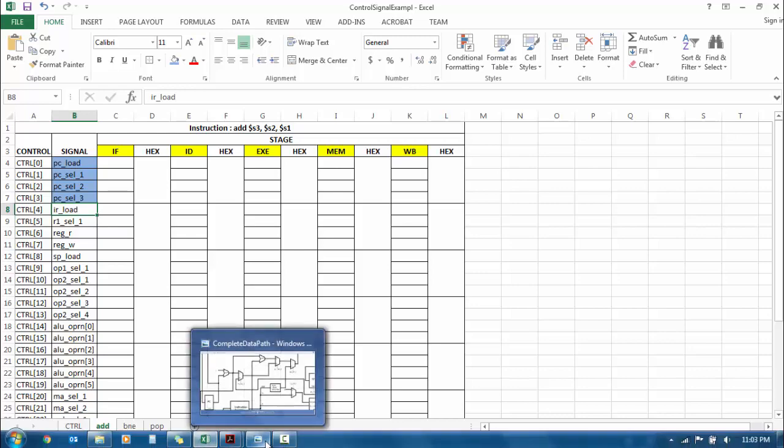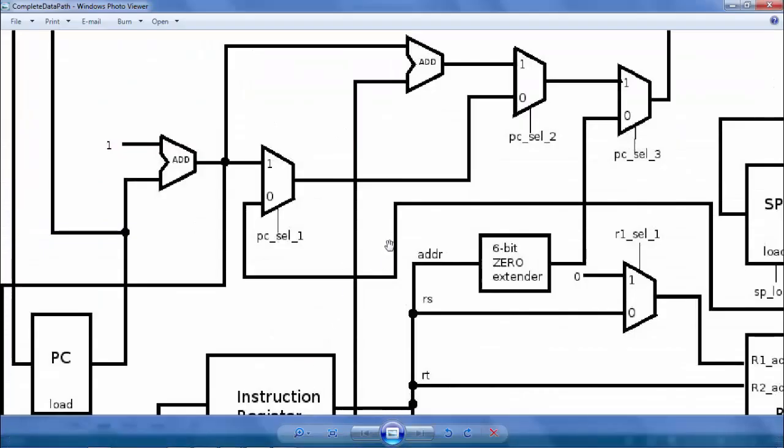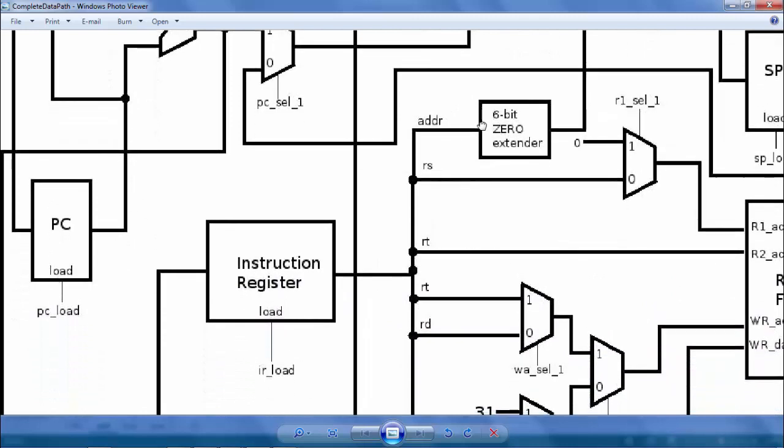So if we go back to the data path, this is my IR load, instruction load register.